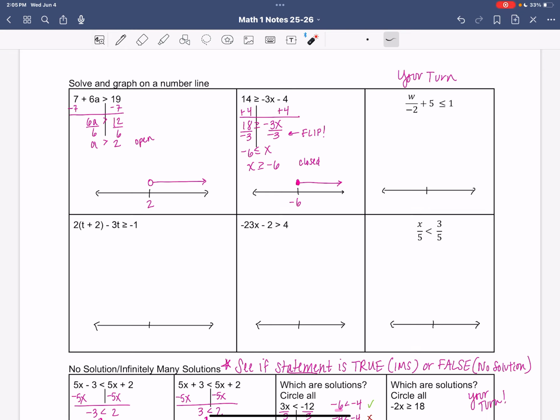And here you should have gotten T is less than or equal to 5. Here, X is less than -6 over 23, so you're getting a fraction, that's okay. And then here, X is less than 3, if you did those correctly.